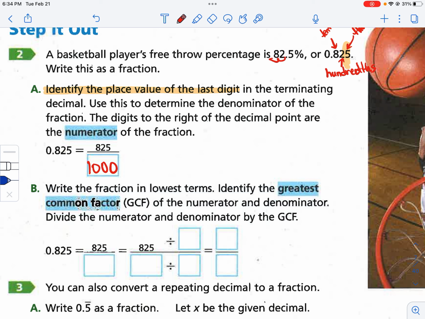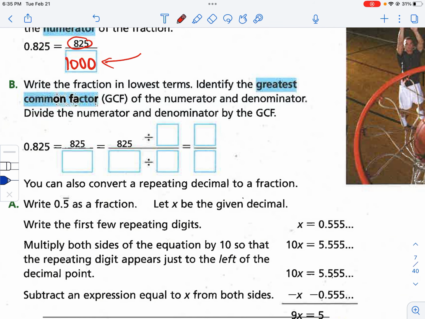Okay? The digits to the right of the decimal point are the numerator of the fraction, so right here. And then the denominator is the place value of the last digit. So then we need to figure out what goes into all of this.